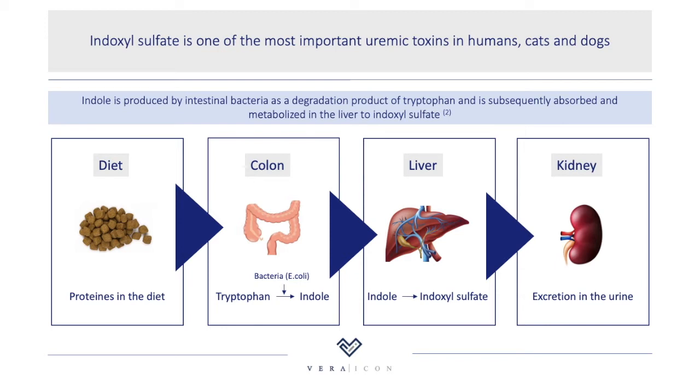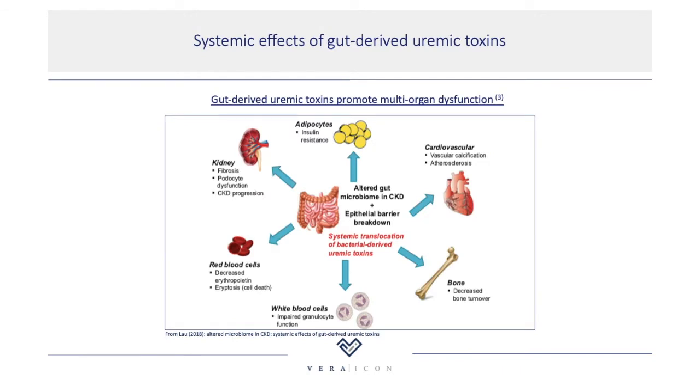Now you can appreciate that if the kidney is not functioning well, a lot of this indoxyl sulfate will remain in the systemic circulation, will accumulate, and will have many deleterious effects on many organs. This is shown in a very nice review paper that has been published recently in 2018.